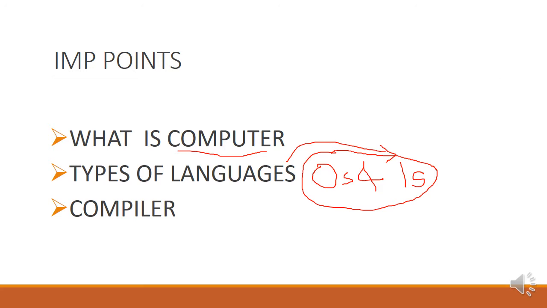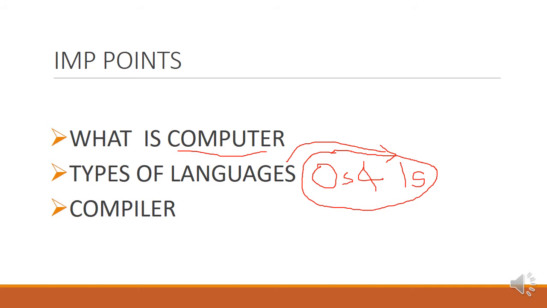What do you mean by the binary or the machine level language? The programs written using zeros and ones are called a binary language or the machine level language. Next, assembly level language is nothing but what? The programs written using mnemonics are called the assembly level language.